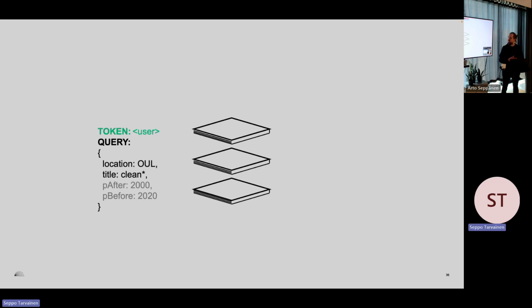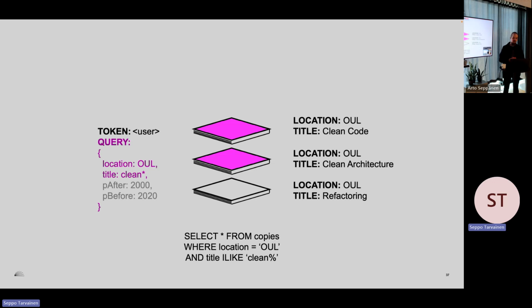And how this use case goes on. The user is authenticated, and that is checked in the server. Server creates the query and passes it into a repository, and simply finds the copies matching that query.